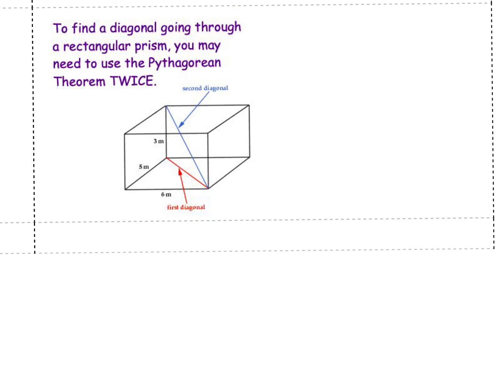Now, to find the diagonal going through a prism, you may need to use the Pythagorean theorem, and we actually are going to use the Pythagorean theorem twice. So the first thing we have to do for each problem is we need to look at the base of our figure.